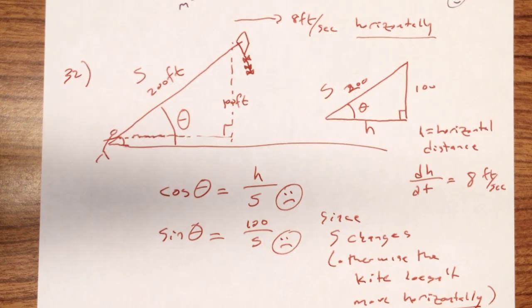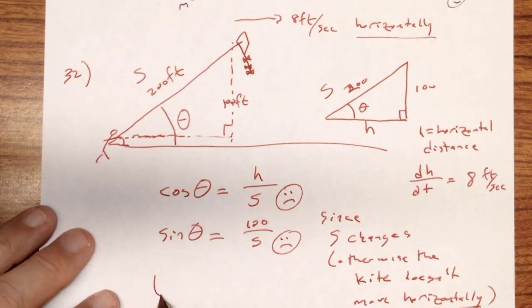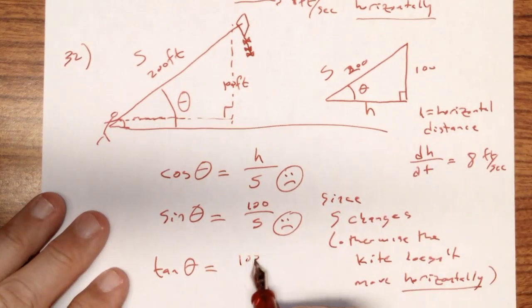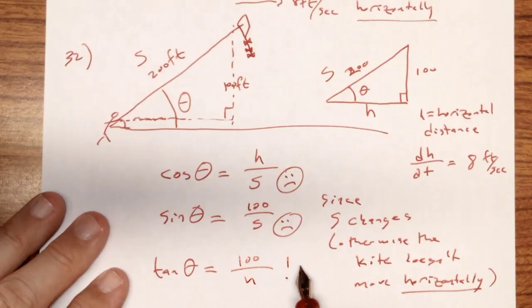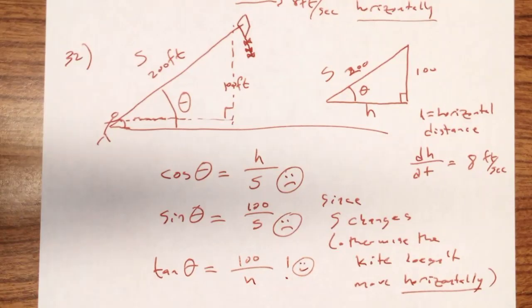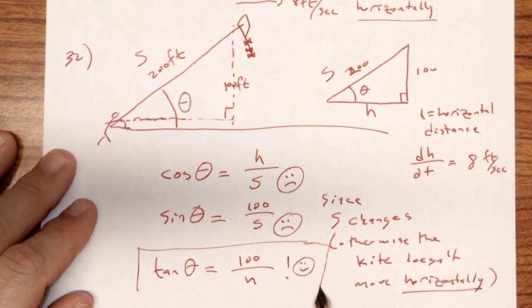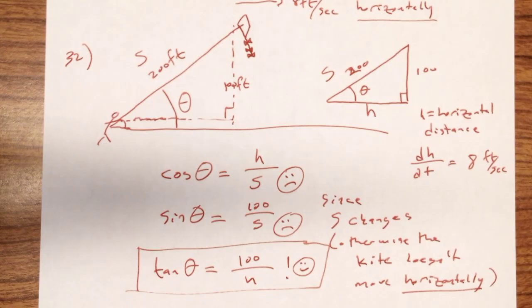Wait a minute. Tangent theta. Tangent theta is opposite over adjacent. That works because that only involves h, and h is the thing I know the change of. Wonderful. Here's the equation I want to use.